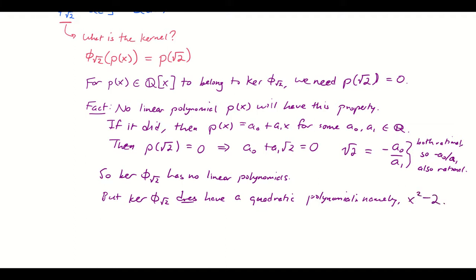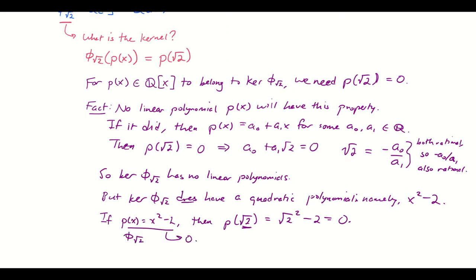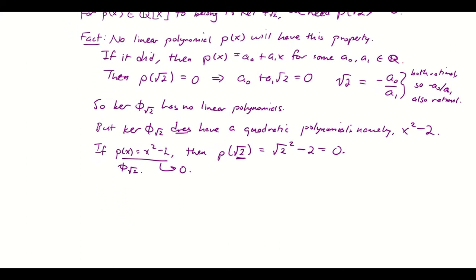And here's why that polynomial is in the kernel. If p of x is equal to x squared minus 2, then evaluating that at square root of 2 gives me square root of 2 squared minus 2, which is 0. So the evaluation map at square root of 2 takes this polynomial to 0. That's phi sub square root of 2. So that means x squared minus 2 is in the kernel of this map.